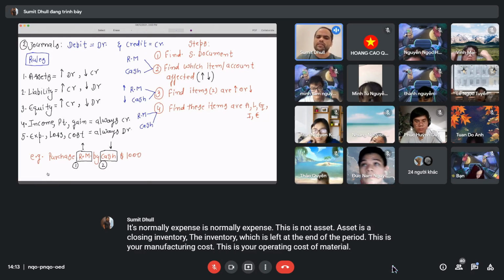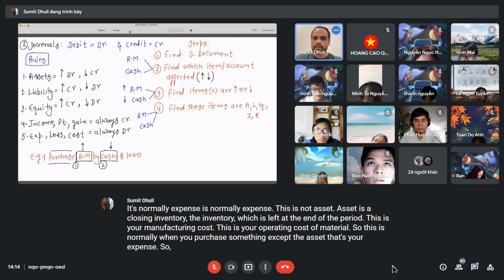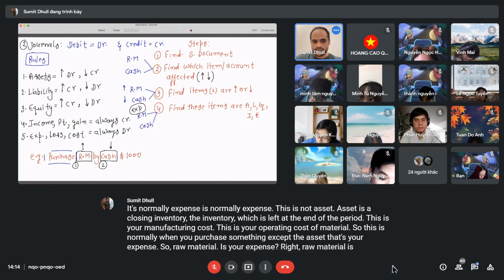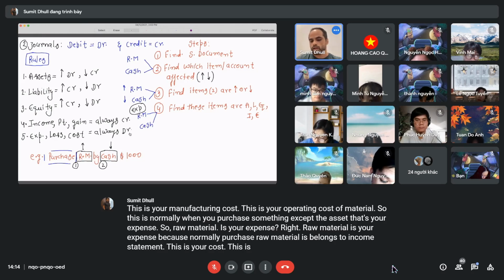So normally when you purchase something, except the asset, that's your expense. So raw material is your expense, because normally purchased raw material belongs to the income statement. This is your cost, this is your expense.